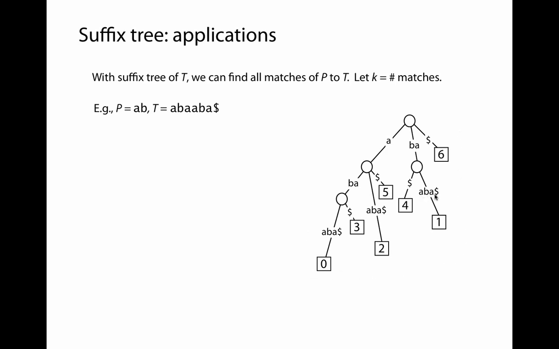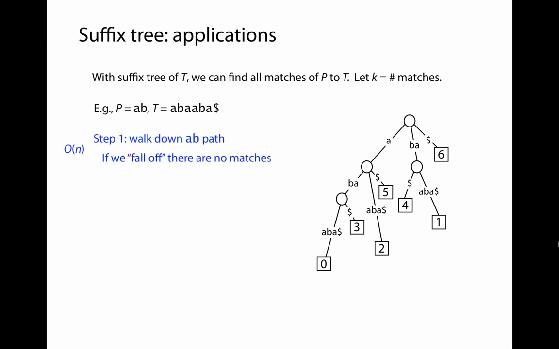You'll note that in the previous few slides and in this slide, I've reverted to labeling the edges with actual strings instead of with those integer pairs. We would use those integer pairs in reality to annotate these edges, but just for the purpose of illustration, I'm putting the strings back.